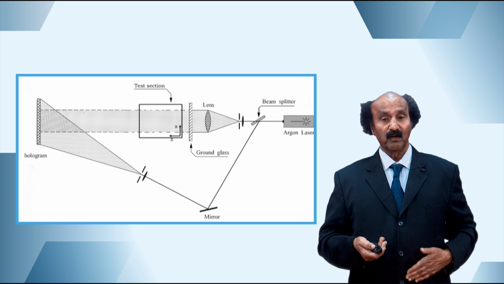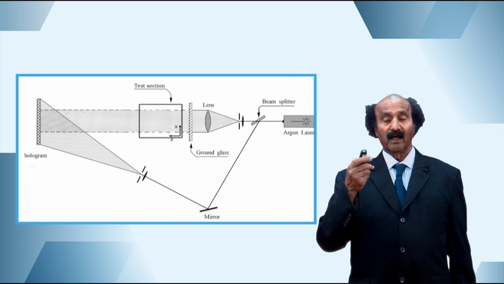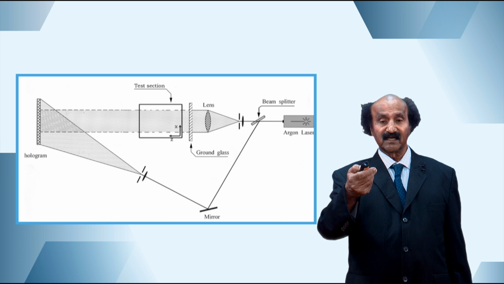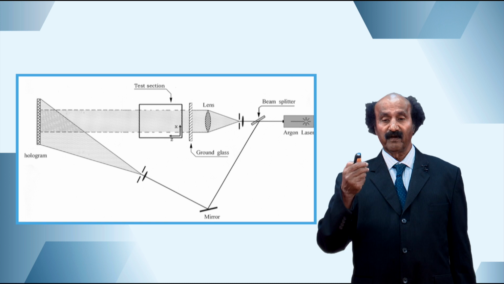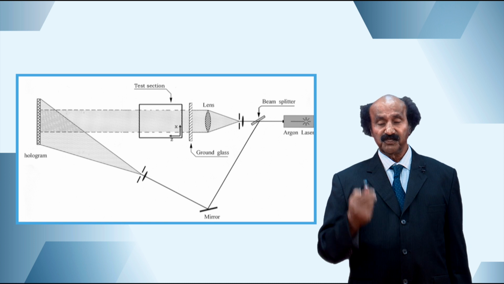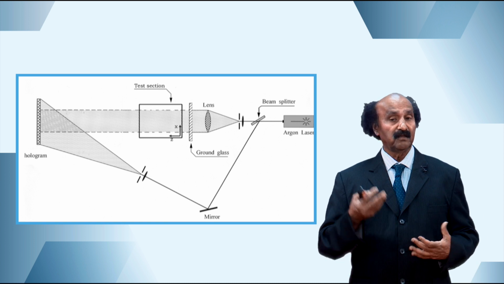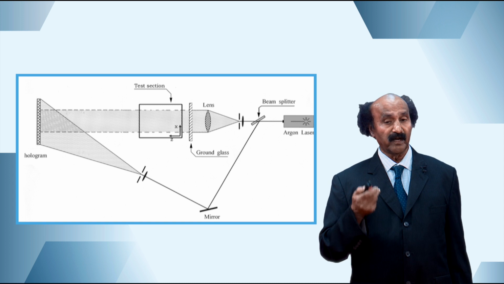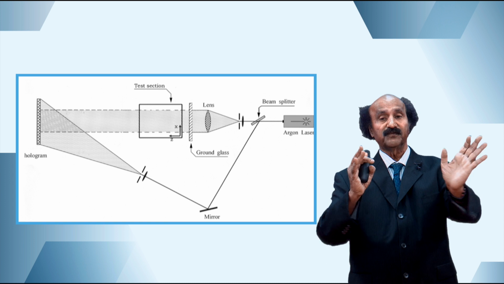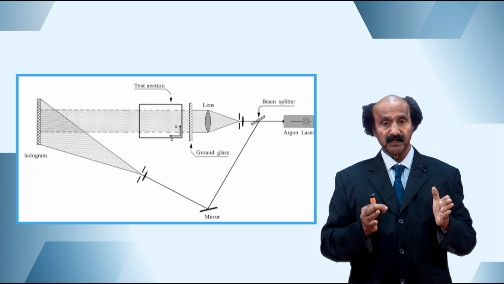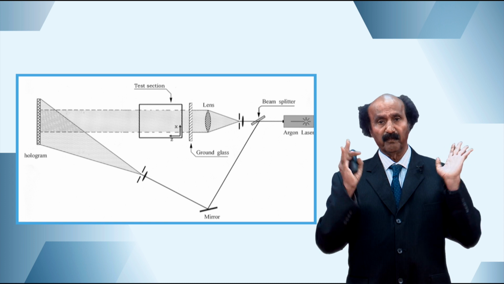For a blade, you see, before any stress, it has a certain pattern. After producing different types of stress, you see the changes in the configuration. The nodes and anti-nodes are totally different. This is for double exposure holographic interferometry.